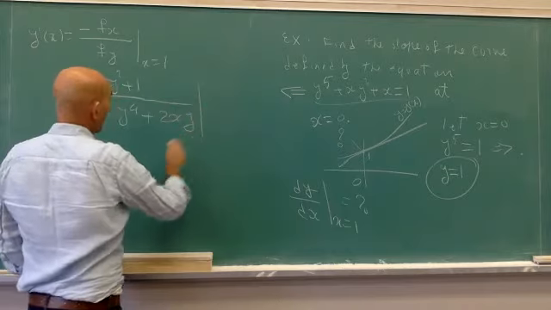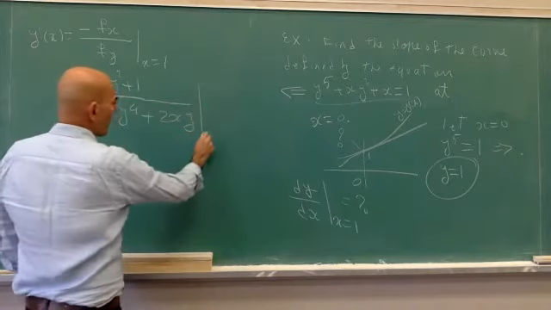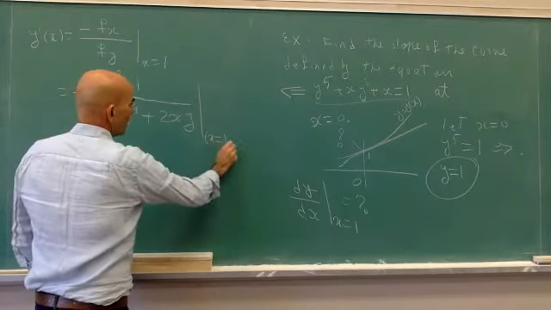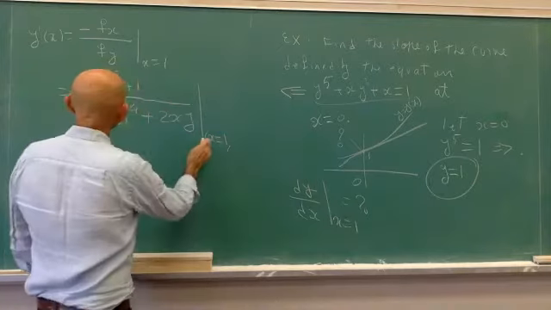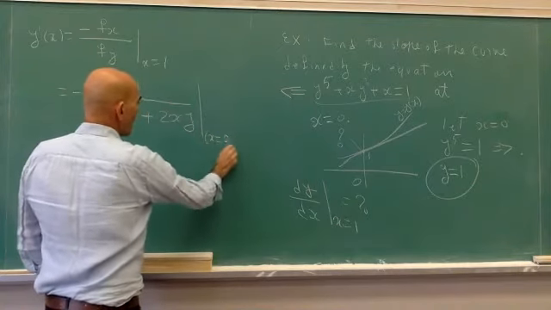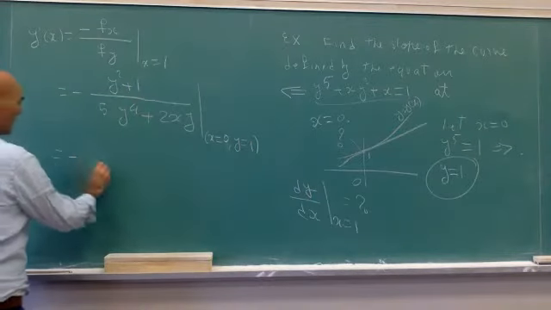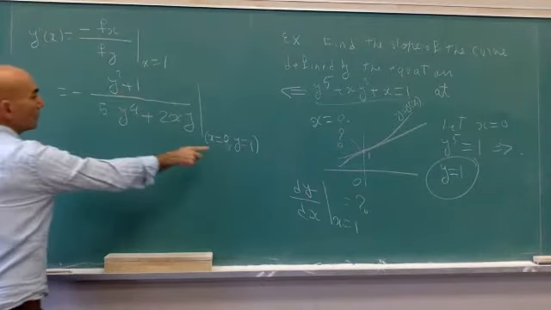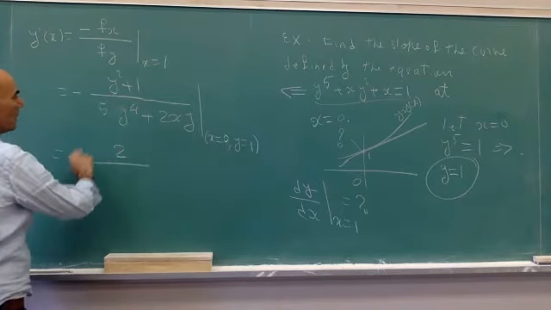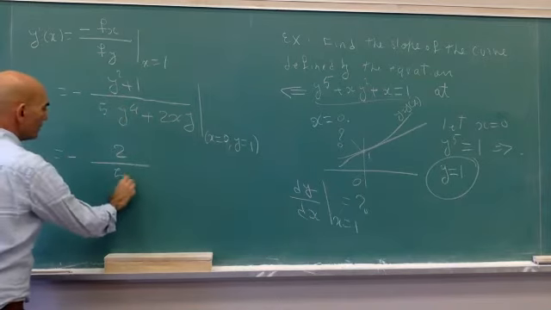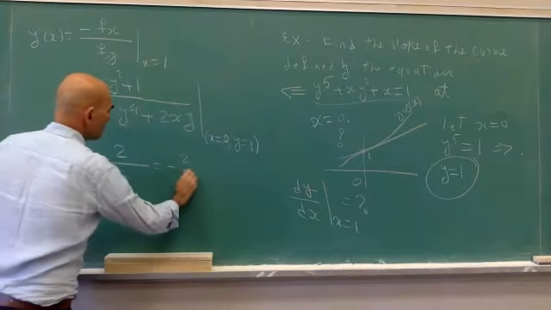And all of this we have to calculate at x equal to 0 rather, and y equal to 1. Well, that's easy, because that's equal to negative. Y equal to 1, this is 2, 5. That's negative 2/5.